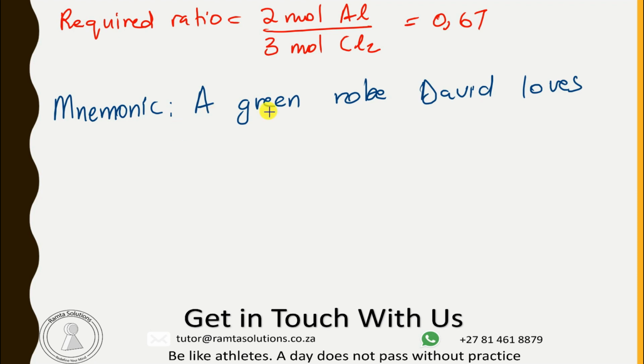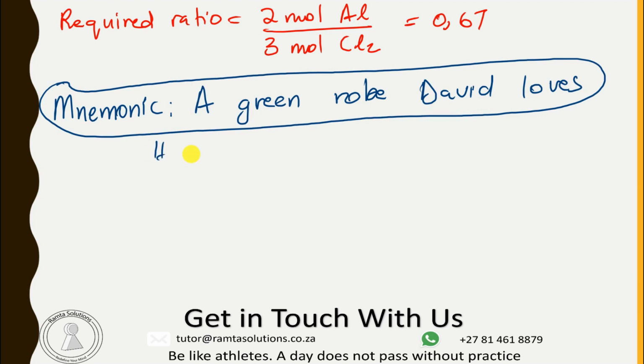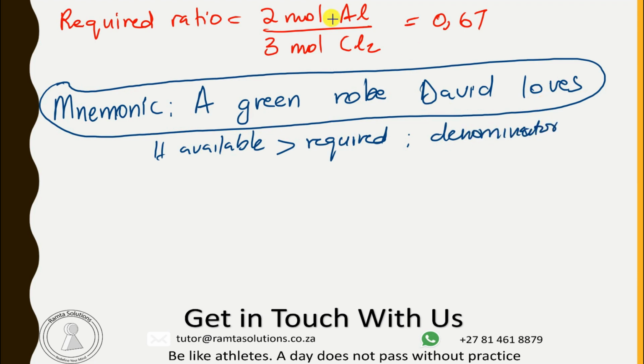So if available is greater than required, denominator is limiting. Okay, denominator is limiting.